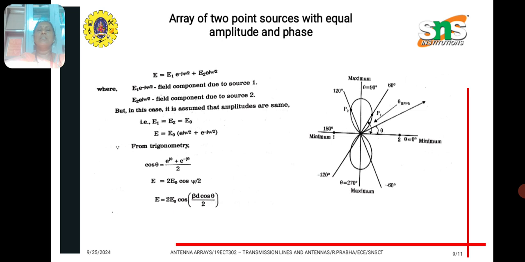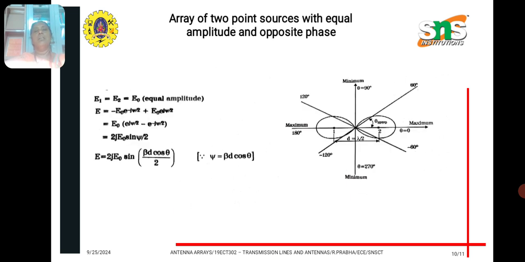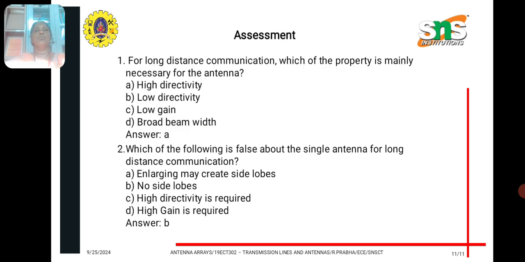Here psi is the total phase difference. While calculating, we get the total field as 2 E naught cos of beta d cos theta by 2, where E1 and E2 are E naught. So the total field E is equal to 2j E naught sin psi by 2, that is, 2j E naught sin of beta d cos theta by 2.